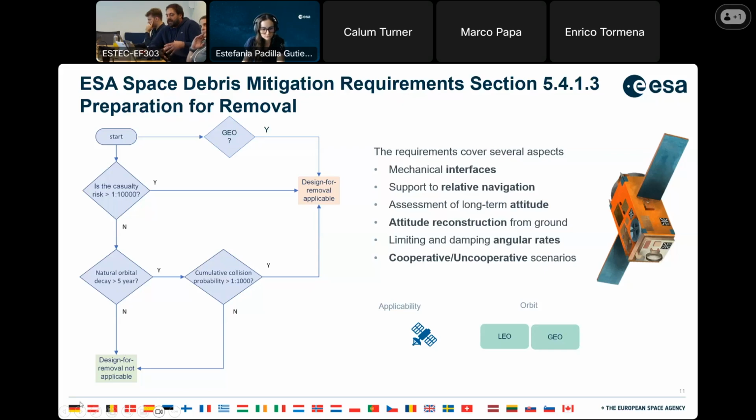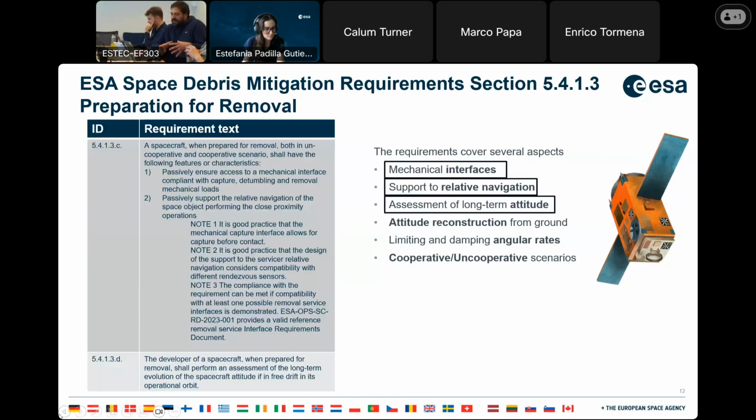For sure, another very important point is more related to, you can say, the environment, more than to a function related to removal: the difference between the cooperative and uncooperative scenario. Mostly for the consequences that this has, for example, on the spacecraft design, and more in particular for the OCS subsystem.